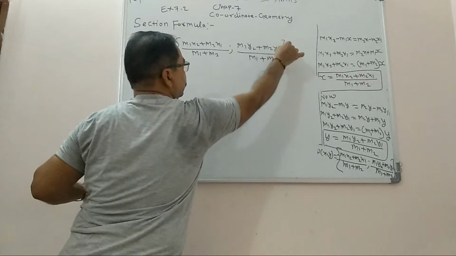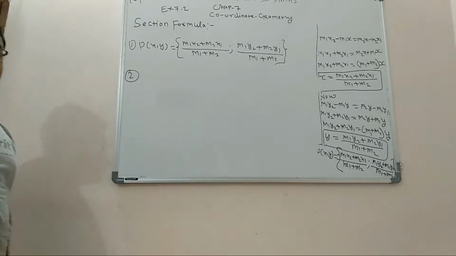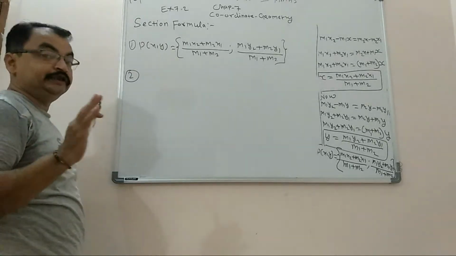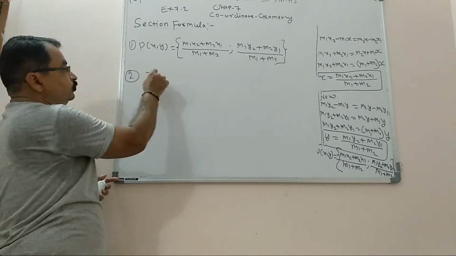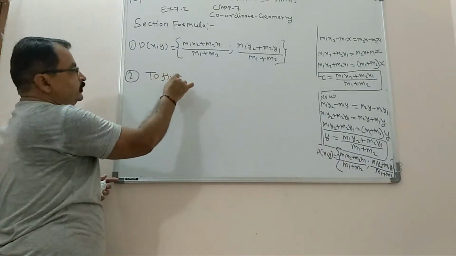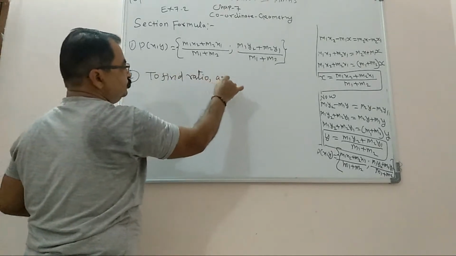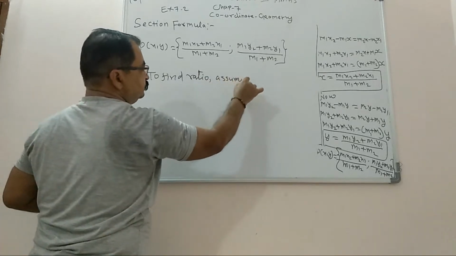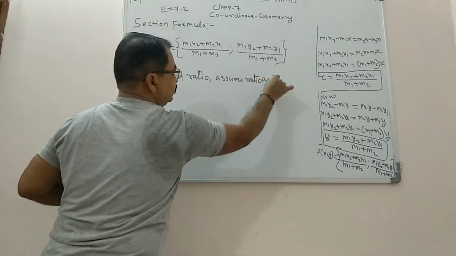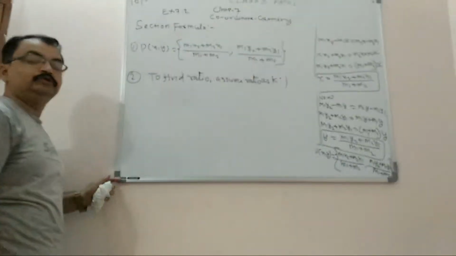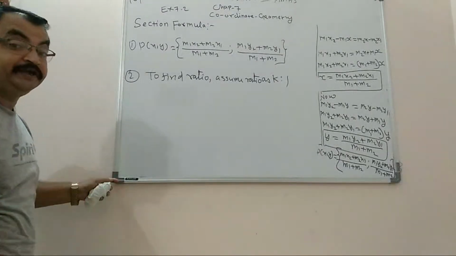This formula can be modified for different types of questions. Suppose the ratio is not given, the m1, m2 values are not given, right? So to find the ratio, in short I write, assume the ratio as k raised to 1. Don't assume m1 raised to m2, otherwise your calculation becomes complicated.